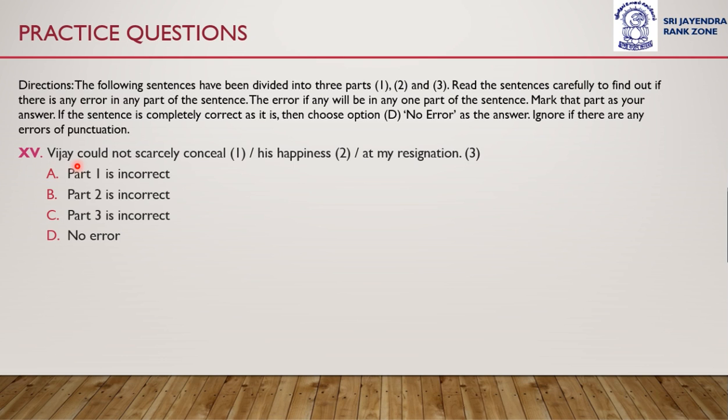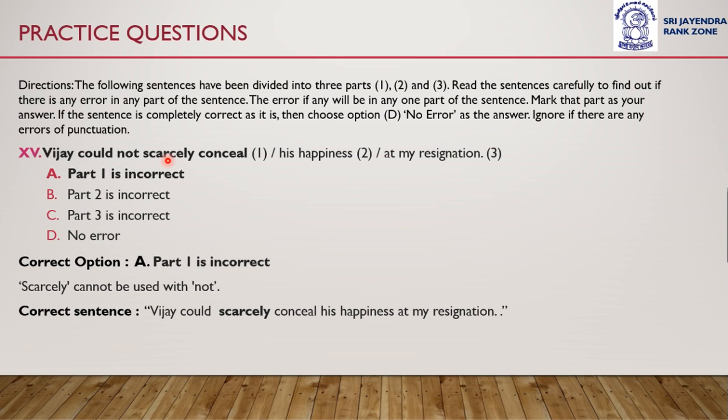We have already discussed multiple times that with words like scarcely we cannot use not. Why? Because a double negative cancels out the statement. So conceal is not the error; part 1 is incorrect.